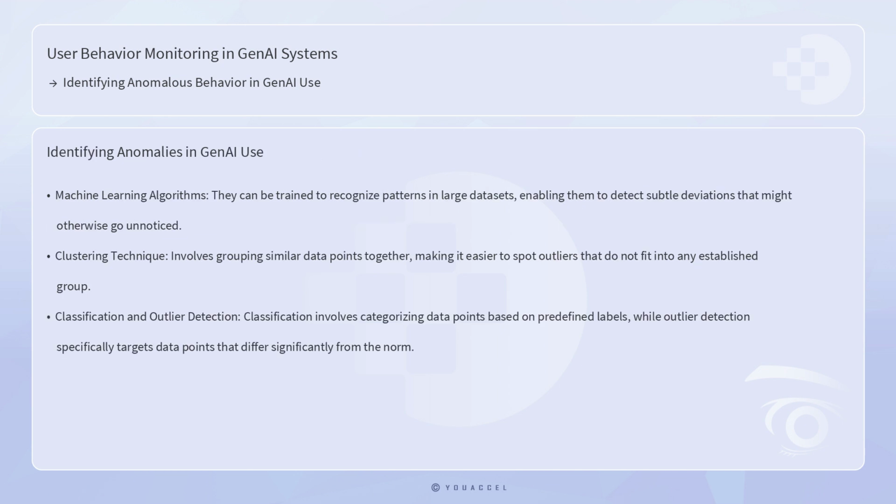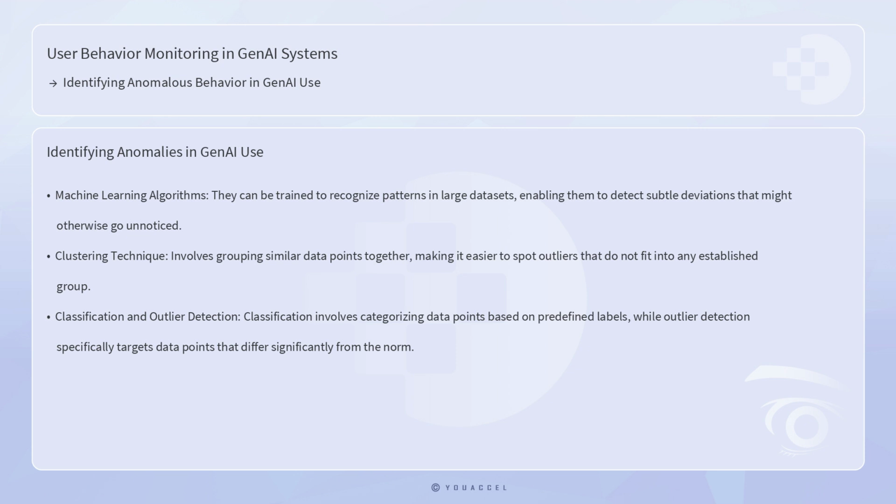Data analytics and machine learning are pivotal tools in identifying anomalies in GenAI use. Machine learning algorithms can be trained to recognize patterns in large datasets, enabling them to detect subtle deviations that might otherwise go unnoticed. Techniques such as clustering, classification, and outlier detection are commonly used to identify anomalous behavior.